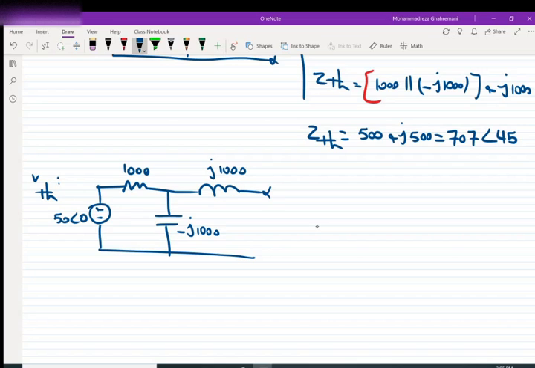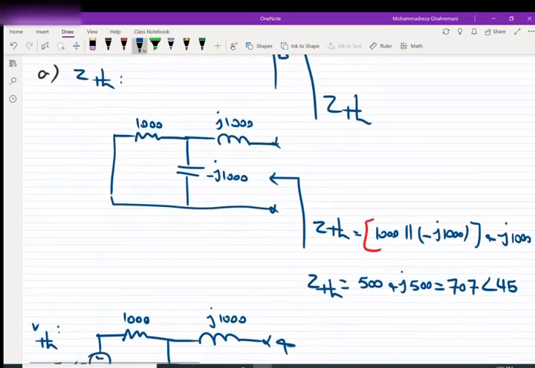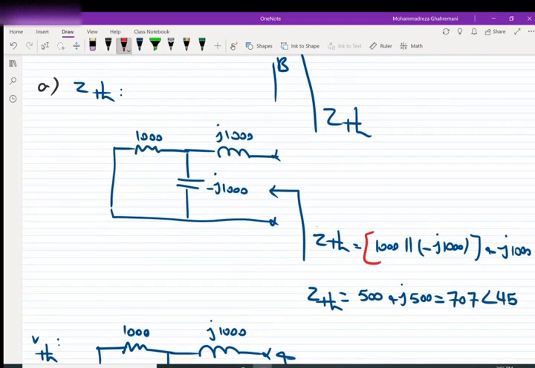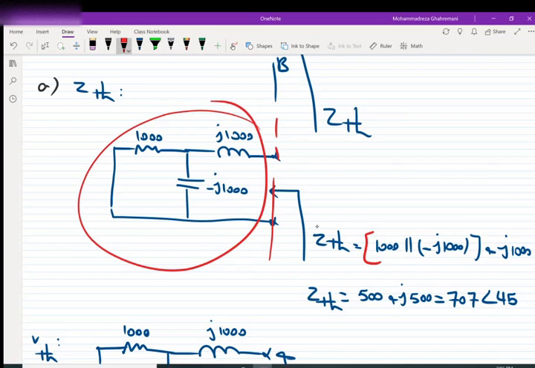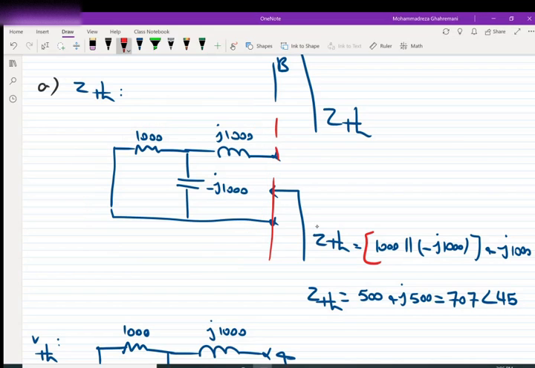We want to find V Thevenin at this point, plus minus V Thevenin. Let's go back to Z Thevenin for a second. For Z Thevenin, because we look at the circuit from this point, all these values were included in the calculation.